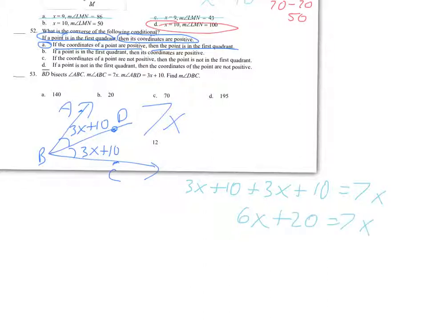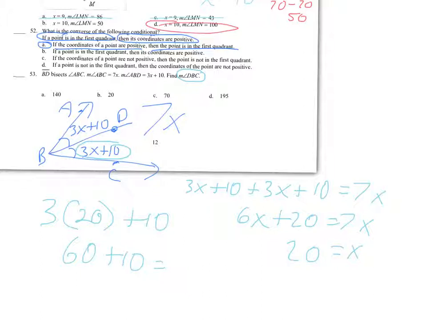If I subtract 6x from both sides, I have that x equals 20. Now they want me to find the measure of angle DBC, which we saw was 3x plus 10. So 3 times x, which we found to be 20, plus 10. 3 times 20 is 60, plus 10 is 70. That's my answer, C.